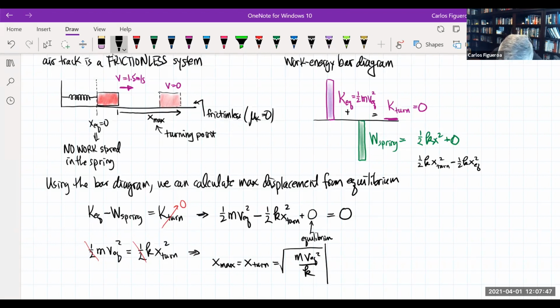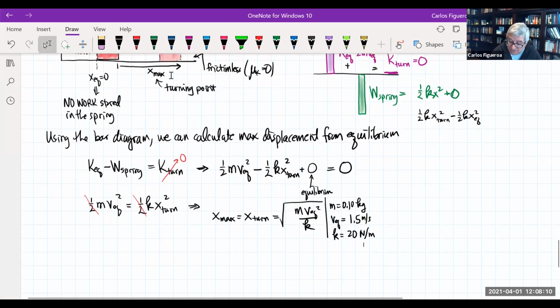Then if I look at the problem, it tells me that the mass is 1/10 of a kilogram, the equilibrium speed is 1.5 meters per second, and the spring constant is 20 newtons per meter.